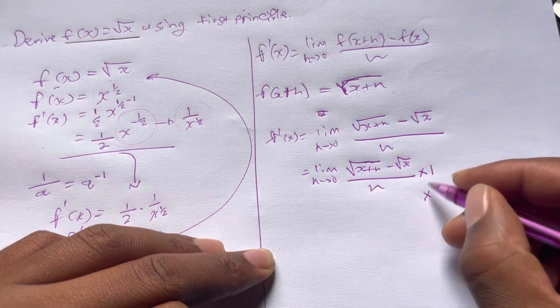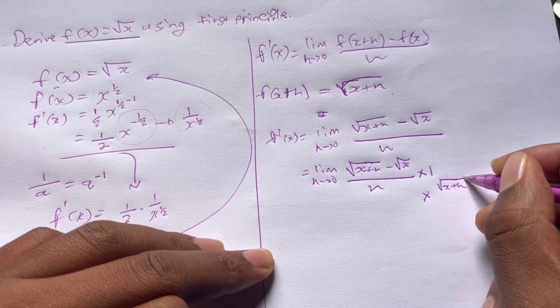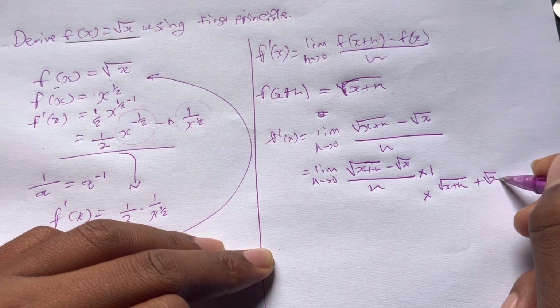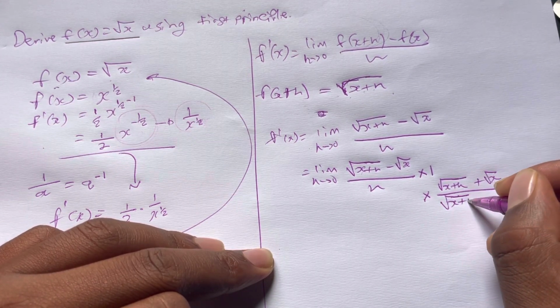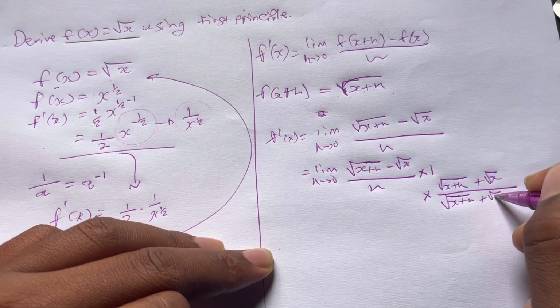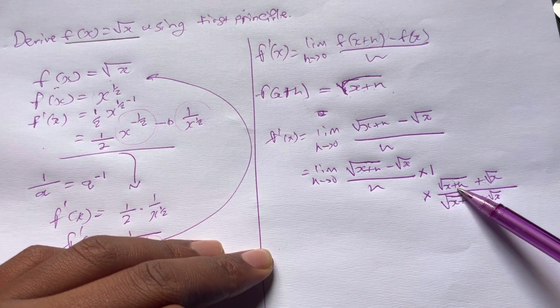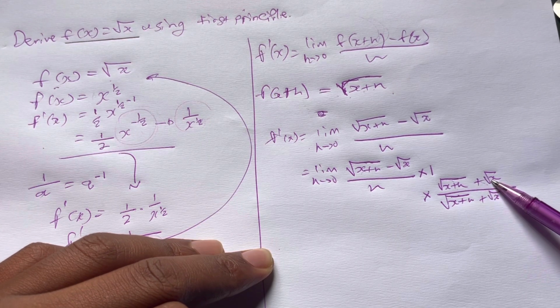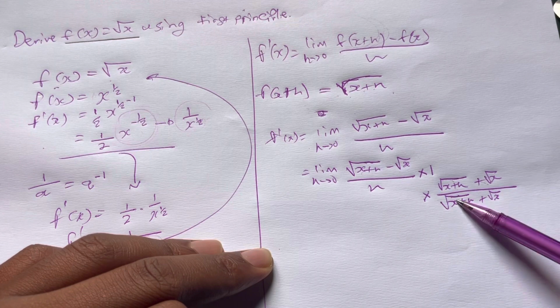So the conjugate of this will be square root of x plus h plus square root of x over square root of x plus h plus square root of x. Okay, so you see that square root of x plus h plus square root of x over square root of x plus h plus square root of x will give you 1.